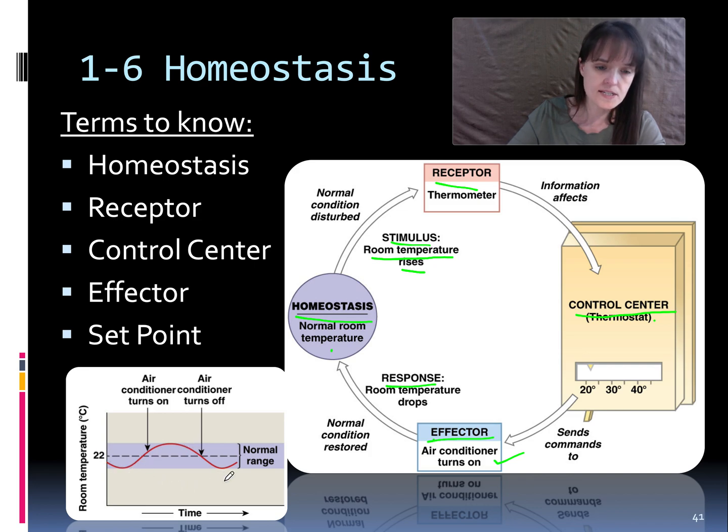So we draw this as a sine wave where, when it gets too hot, here's our set point, which they have at 22 degrees Celsius. My house, we tend to do about 75 degrees Fahrenheit, although that's never right at 75, is it?